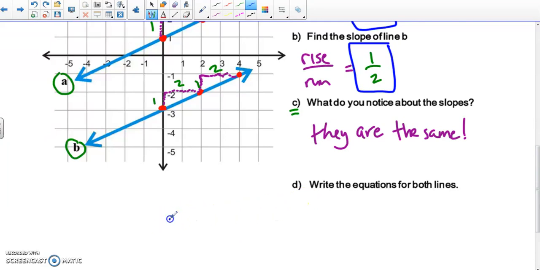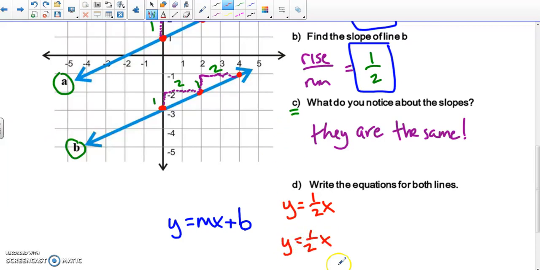So now to write the equation for these lines. This is a little bit of a preview for what we're going to do next class, but we can do this now. Y equals mx plus b is our formula. So we know m is the slope. So we know both of these lines are going to have a 1/2 for the m.